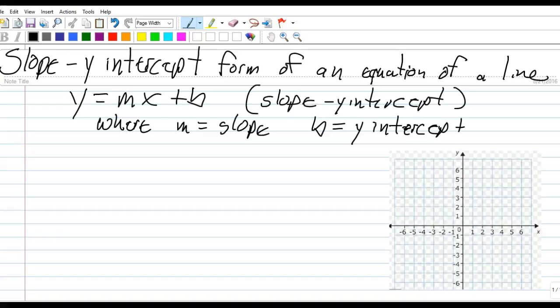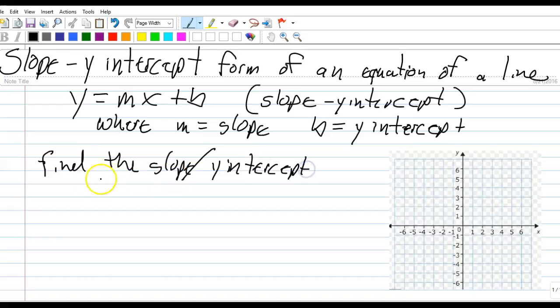So how do you write an equation in the slope y-intercept form? For example, suppose that I give you the following equation, and I want you to find the slope of the following line and also the y-intercept: 2x plus 3y equal to 12.